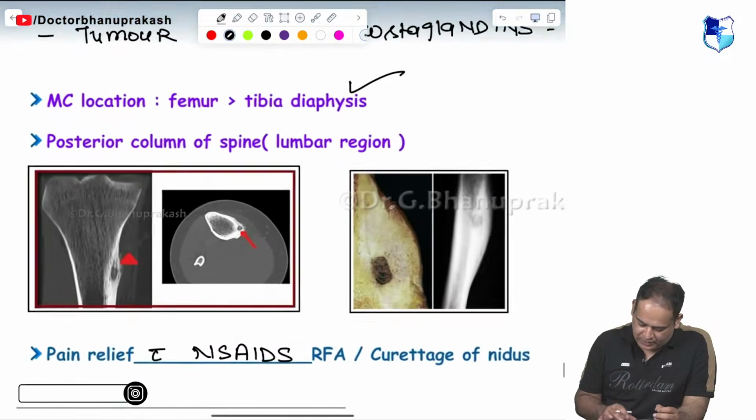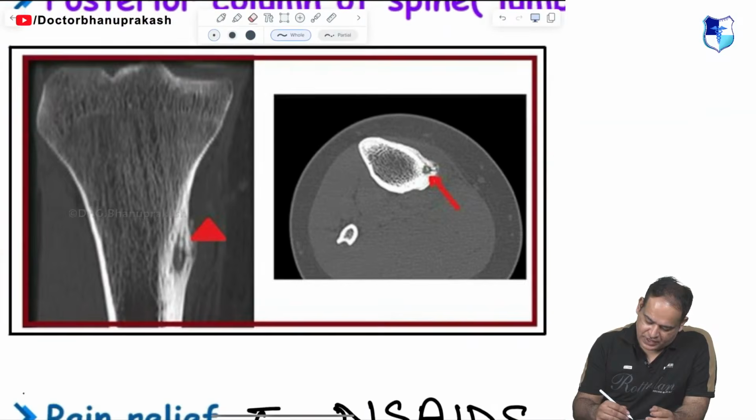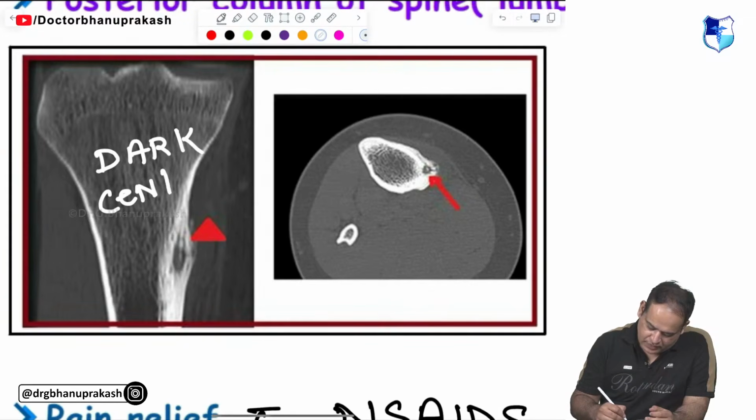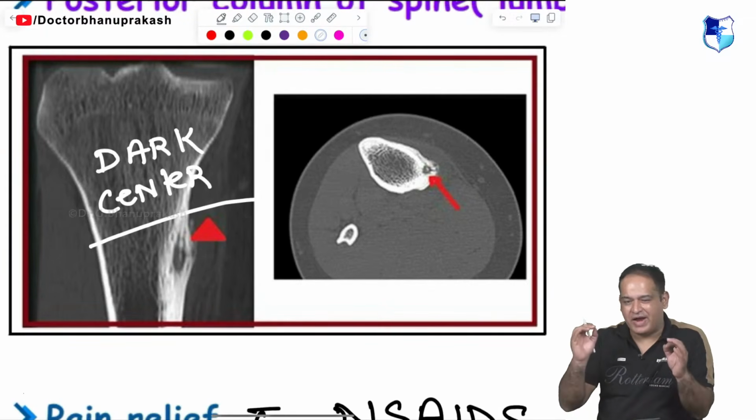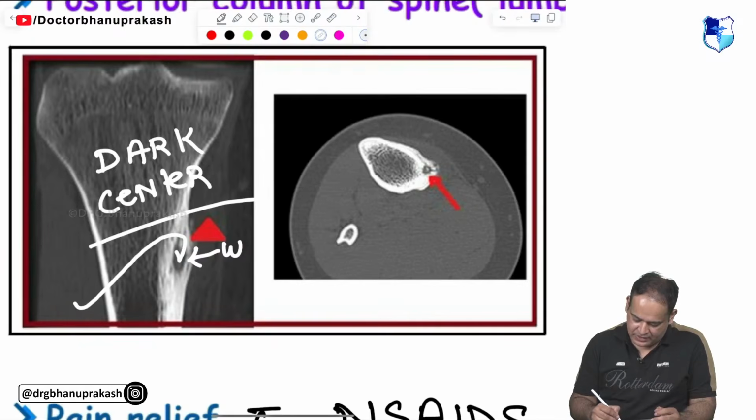What is important here is this image. So, if you see dark center, white periphery. So, you see here white periphery and dark center.